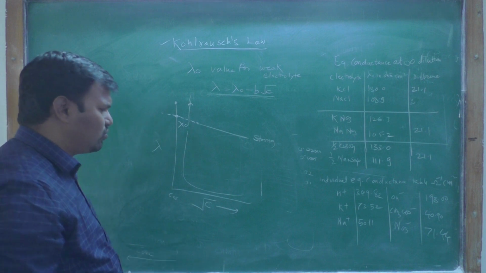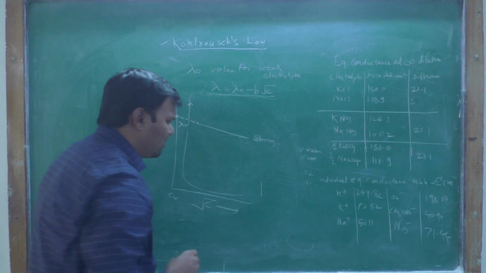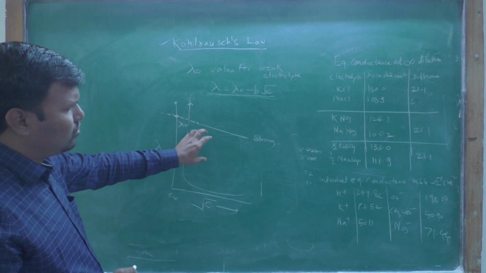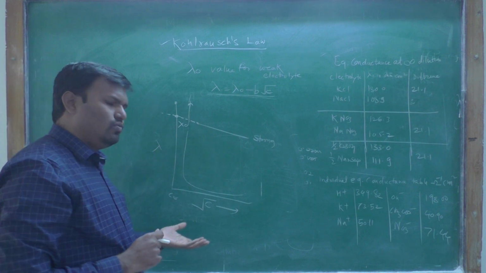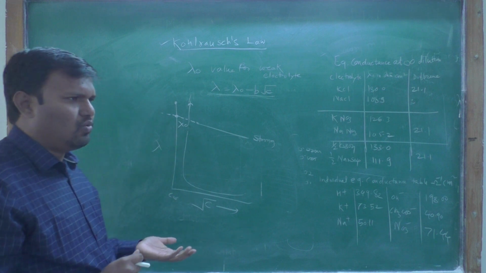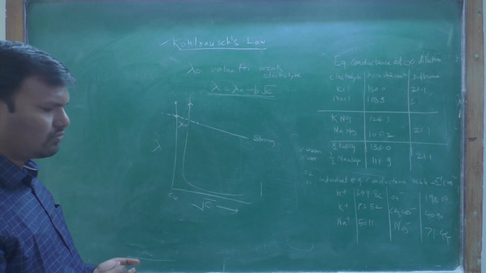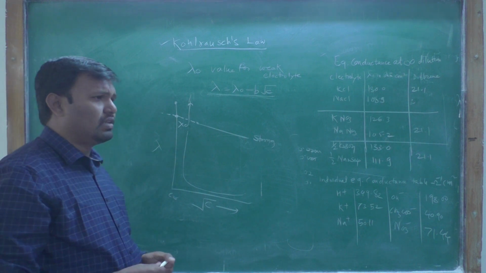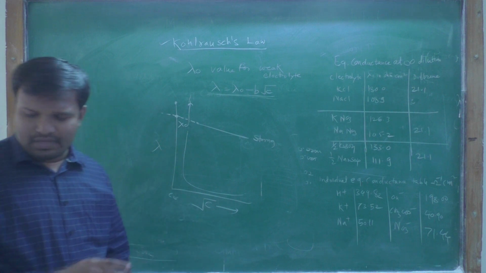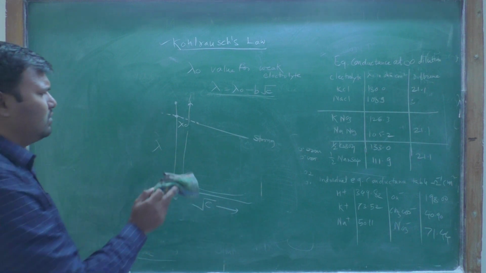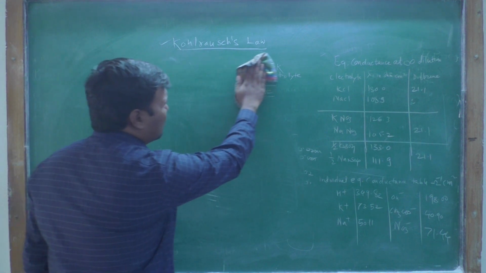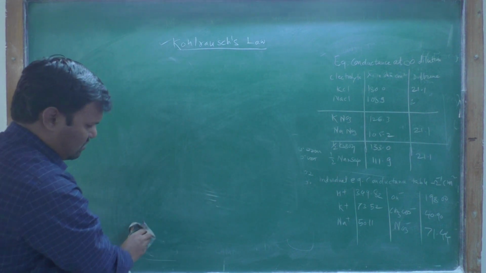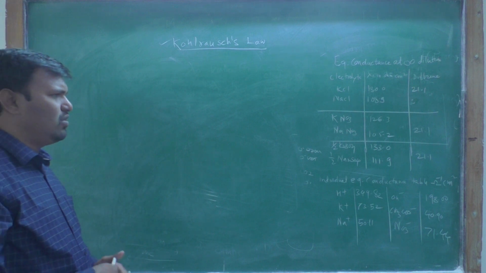Therefore we have the Kohlrausch equation. By using the Kohlrausch law, we can find the lambda 0 values also for weak electrolytes.